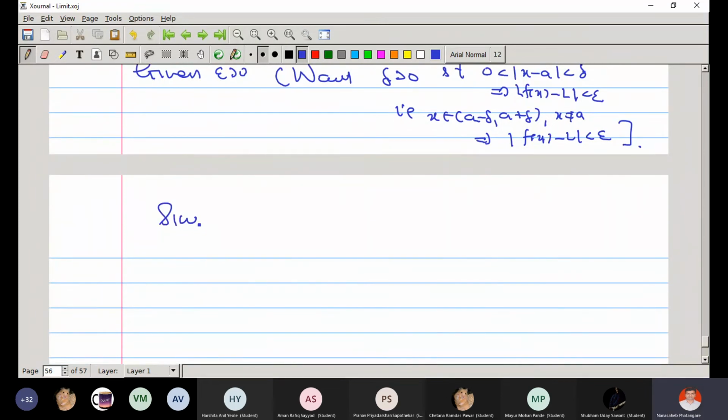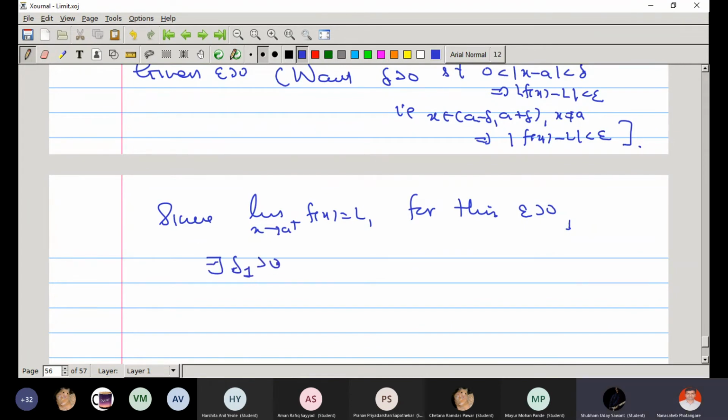Since the right hand limit is L, for this epsilon, by the definition of right hand limit, there exists a delta 1 such that whenever x belongs to (a, a plus delta 1), then certainly |f(x) minus L| is less than epsilon.